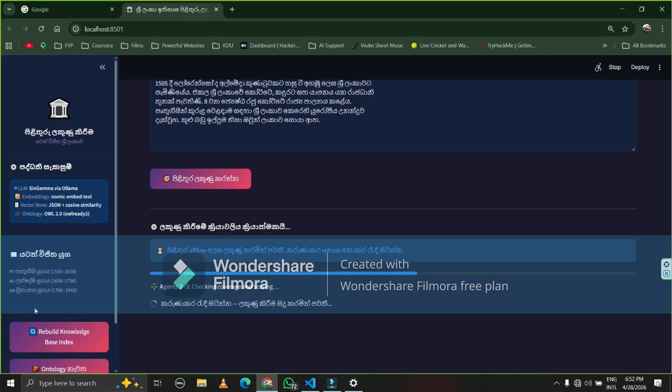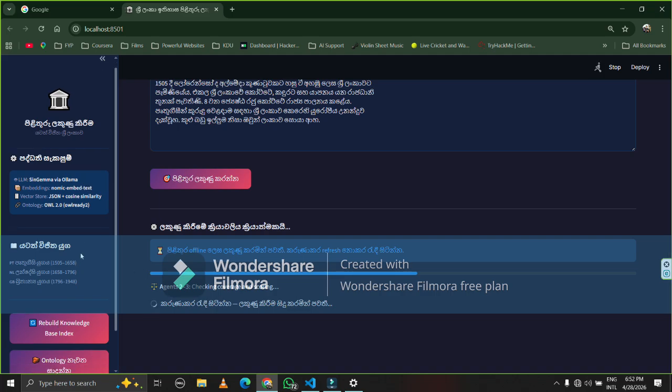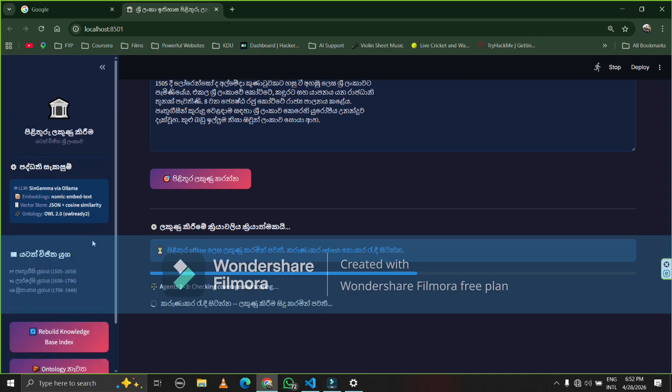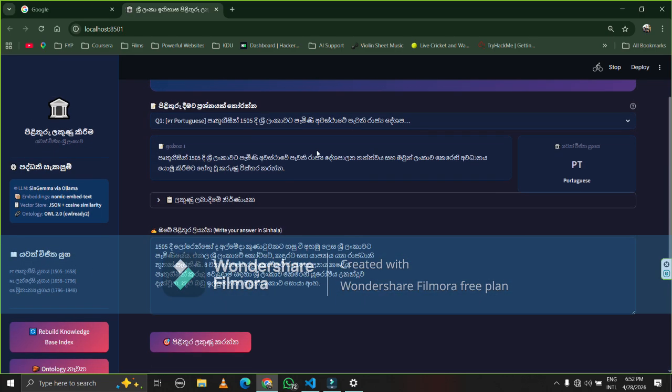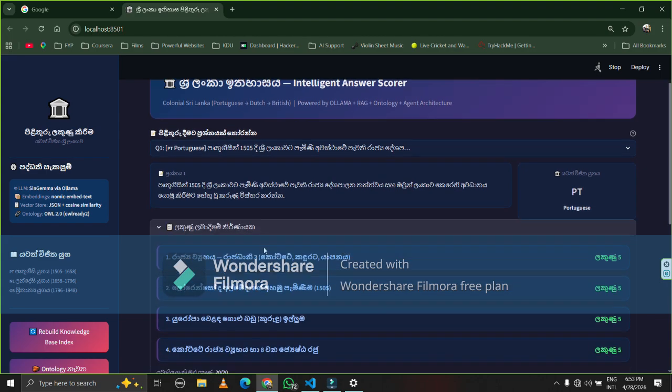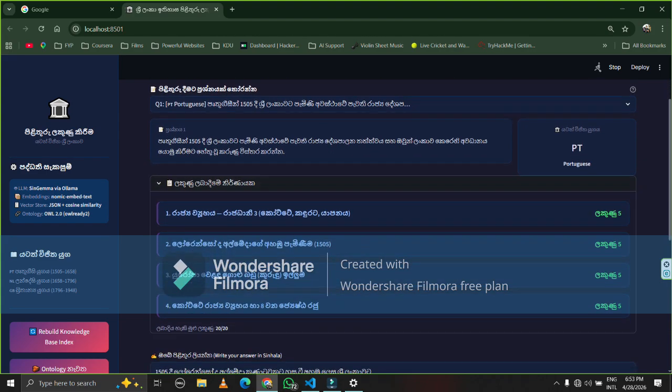Until then, you can see the settings of this system, the colonial eras, and two buttons for rebuilding the knowledge base index and rebuilding the ontology. And before answering the question, you can view the marking system, and you can answer also.